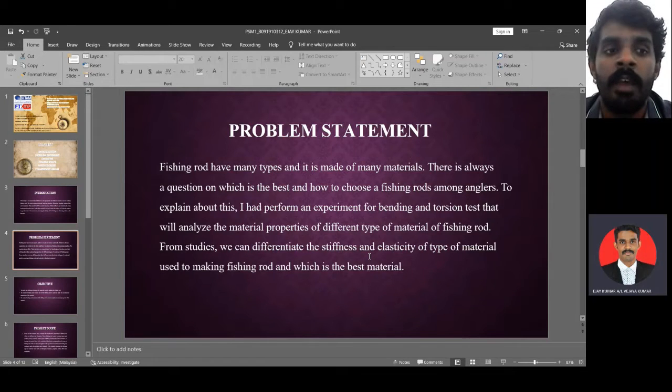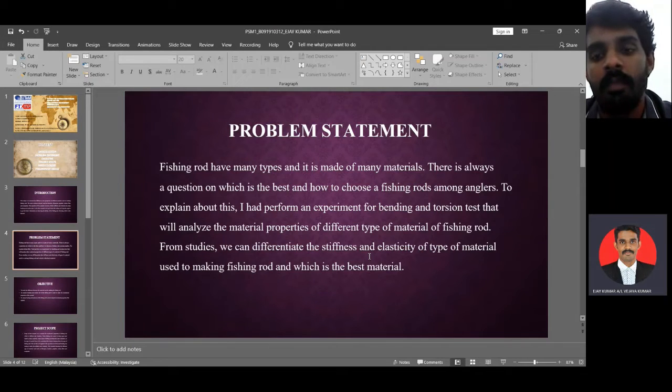Because sometimes an expensive fishing rod can't deliver the best action in fishing, while the cheapest fishing rod does not always give the worst performance. From this study, we can differentiate the stiffness and elasticity type of material used to make fishing rod and which is the best material.